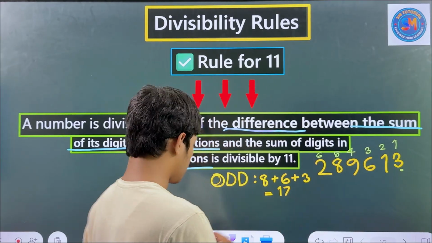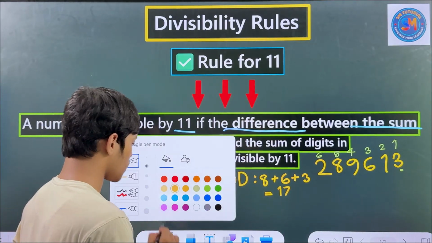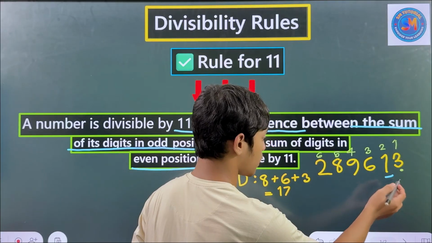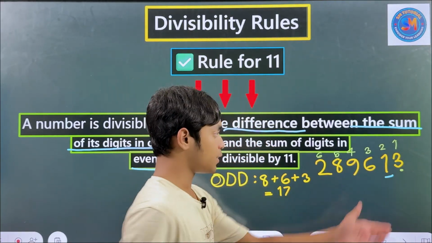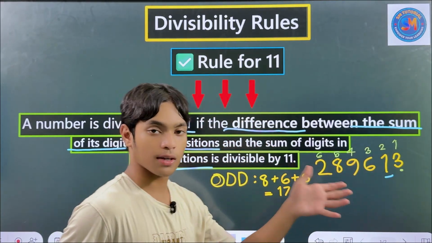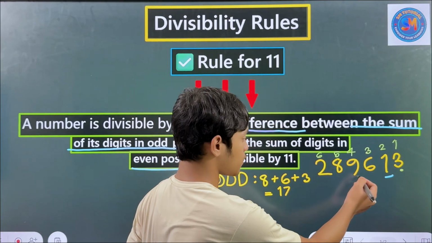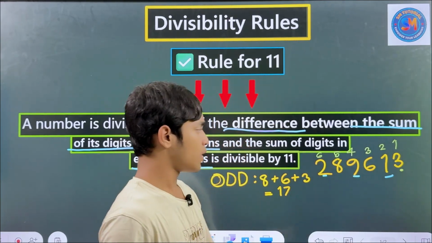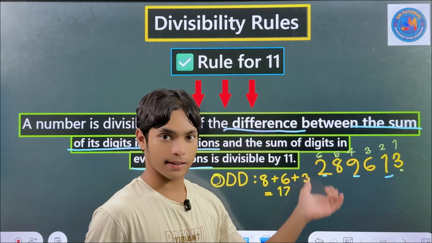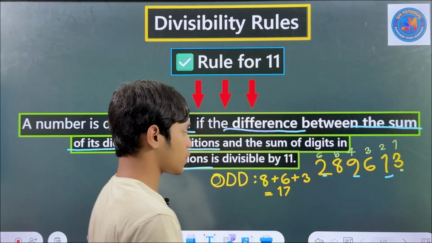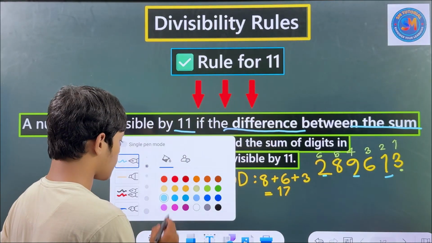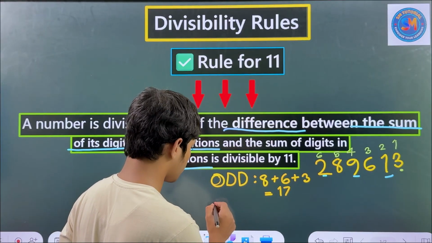What are those? Those are positions 2, 4 and 6, which are even. So let's write for even here.